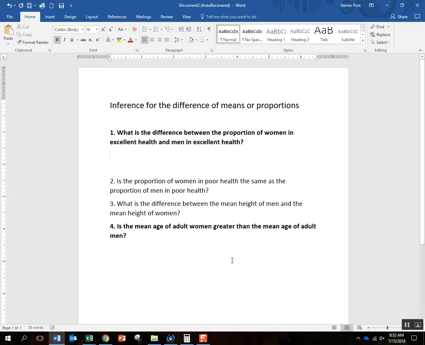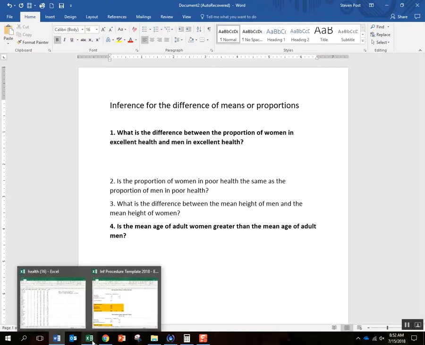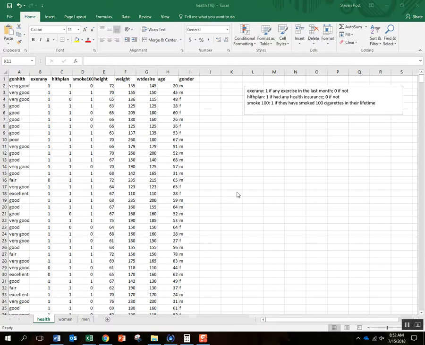What is the difference between the proportion of women in excellent health and men in excellent health? So we'll go to our health data. We're interested in these two columns, health and gender.